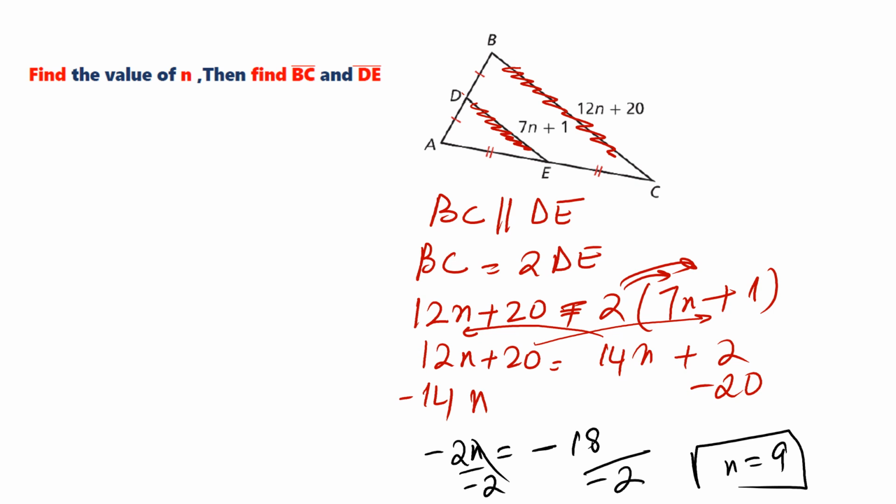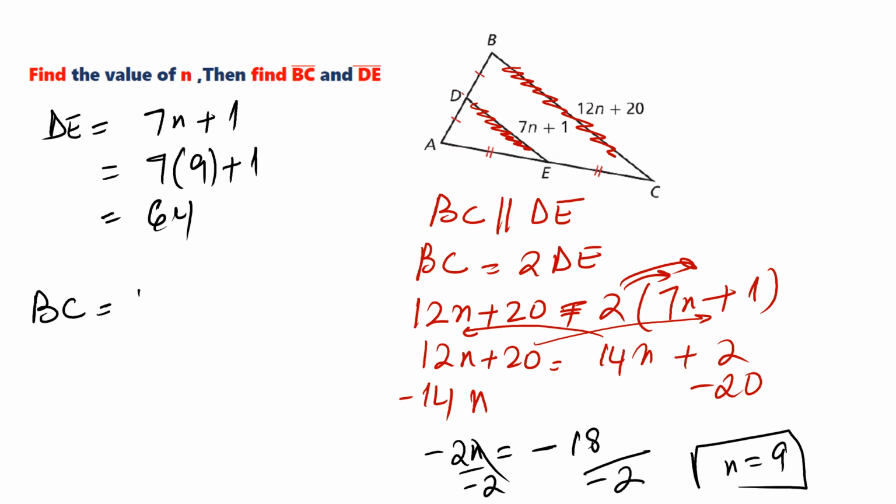Now, one by one. First of all, put DE as 7n plus 1. Replace n by 9 to get the value of DE. So 7 times 9 plus 1. 7 times 9 is 63. 63 plus 1 is 64. What is the other part? The other is BC.